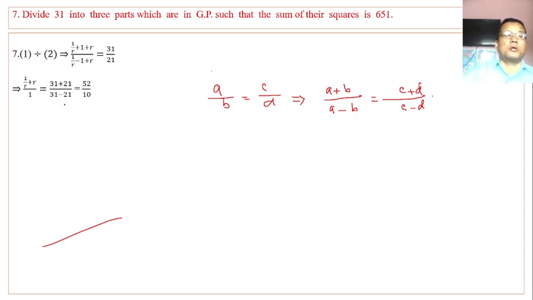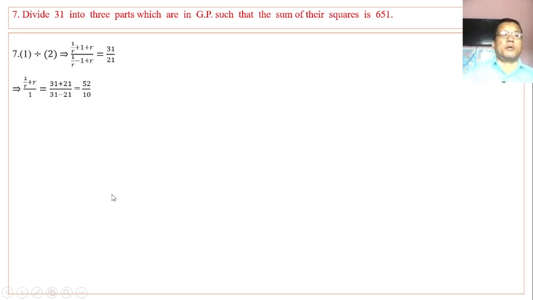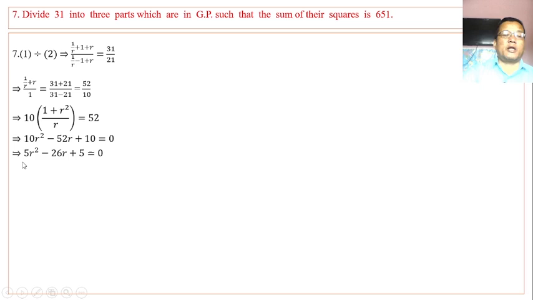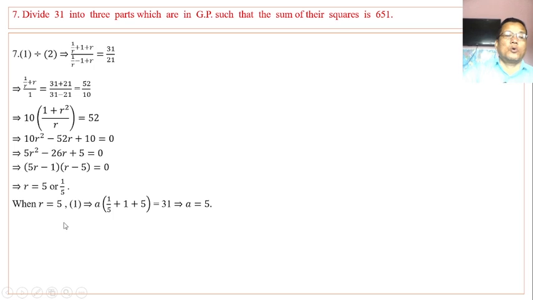Cross multiplying, we get a quadratic equation in r. Factorize, and the value of r is 5 or 1 by 5. Putting r equals 5 in equation 1, a is 5, and for r equals 1 by 5 also a is 5. So the value of a is 5.